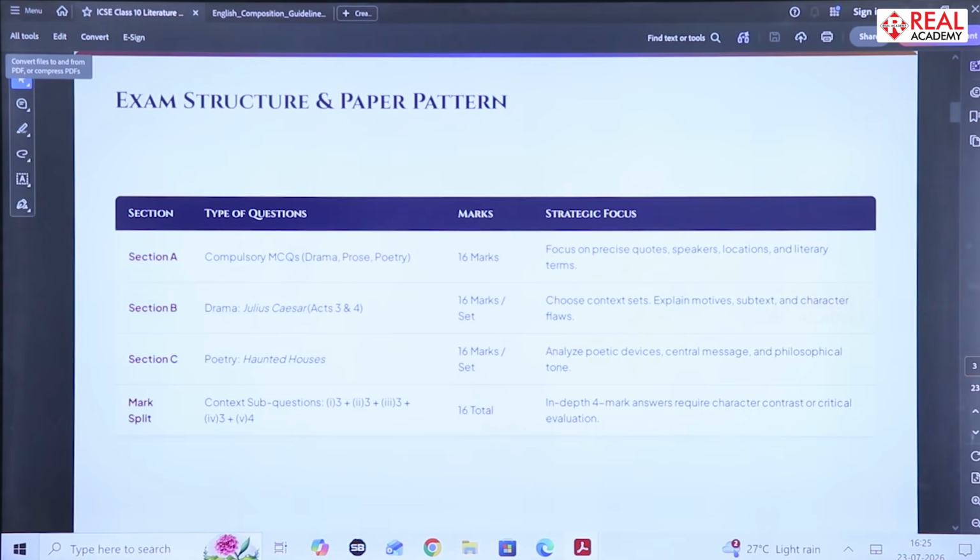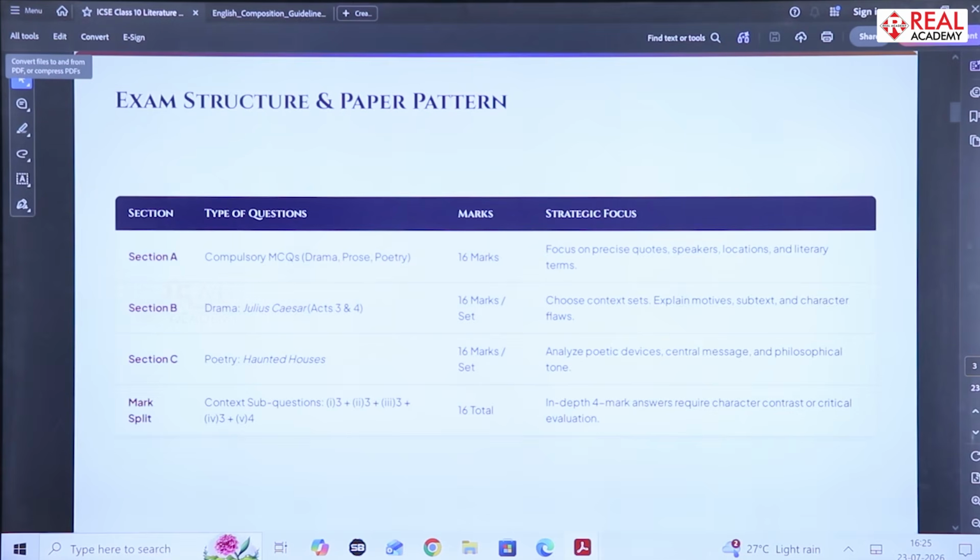The fourth section is a marks plate with context sub-questions from Sections A, B, and C, with sub-questions like 1, 3 plus 2, 3 plus 3, 3 plus 4, 3 plus 5, 4, which also contains 16 marks.